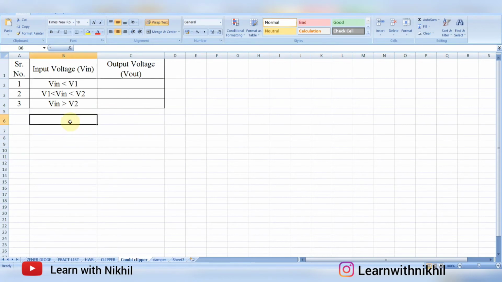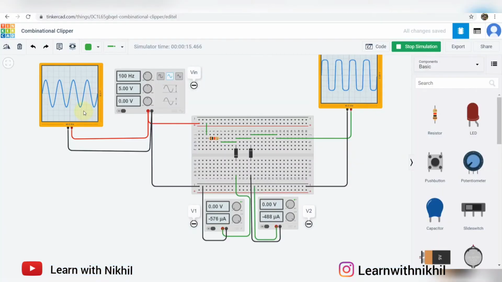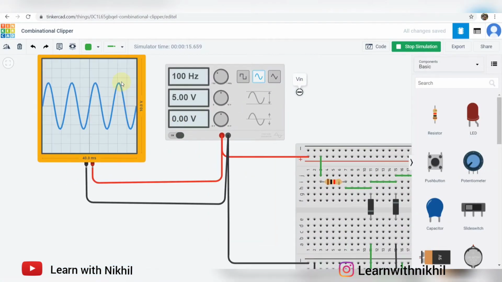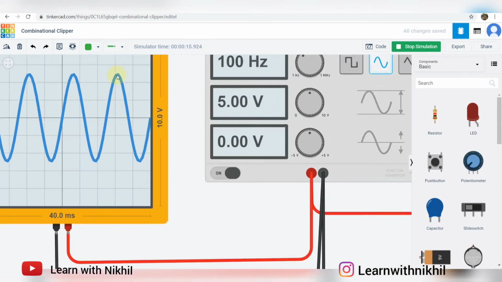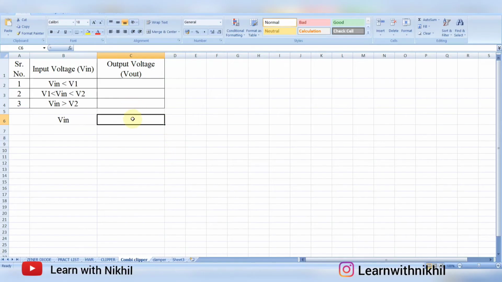Now according to our observation table, first I'll calculate the input Vin, that is the input supply. The input voltage will be 10 volts. The total amplitude is 10, so I'll write 10 volts.